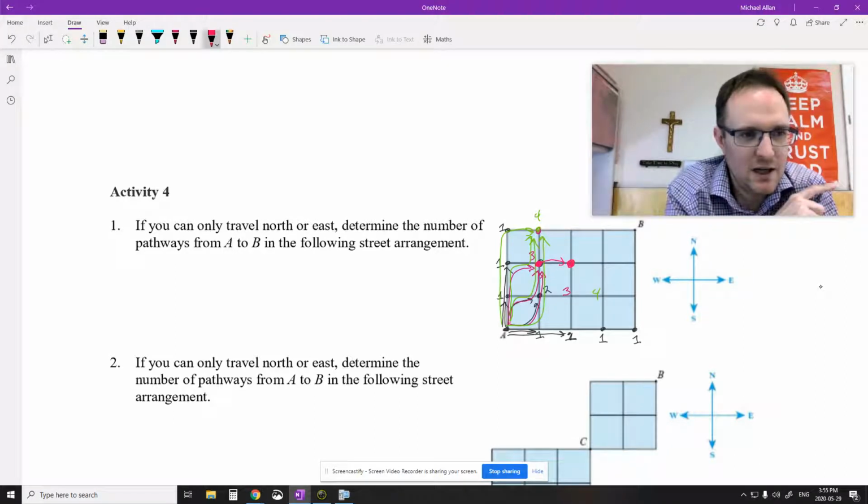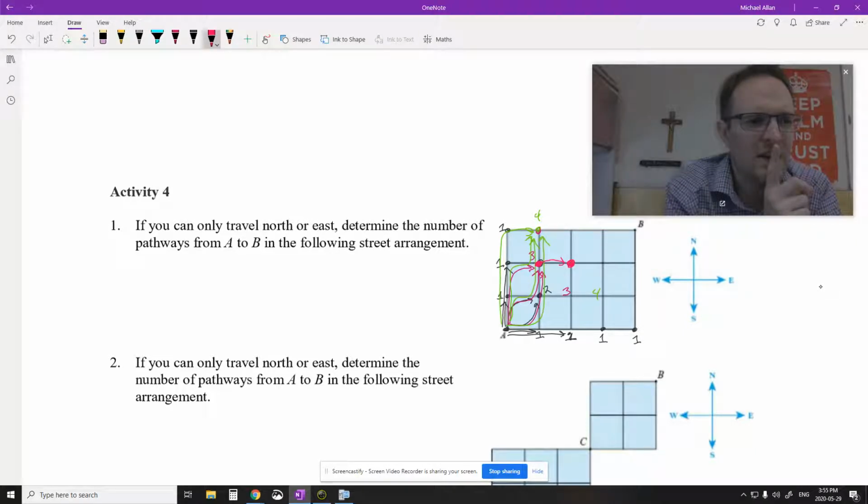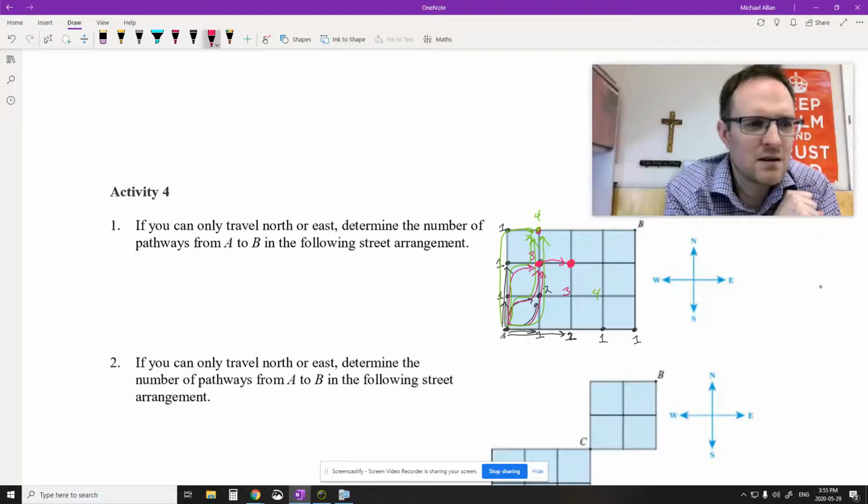So there's 3 ways from this direction. And then down here, there's 3 ways from this point to get to this point, and each of those 3 ways can go one more step this way. So there's 3 from each direction. So this point is 6. There's 6 ways, and you can actually draw all those out if you wanted to.